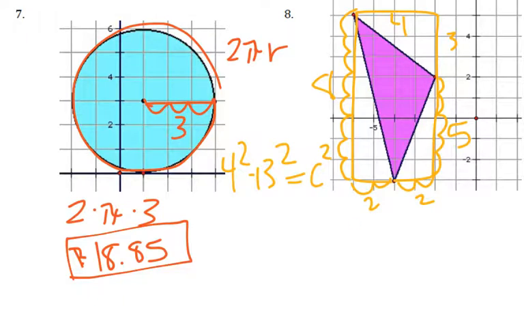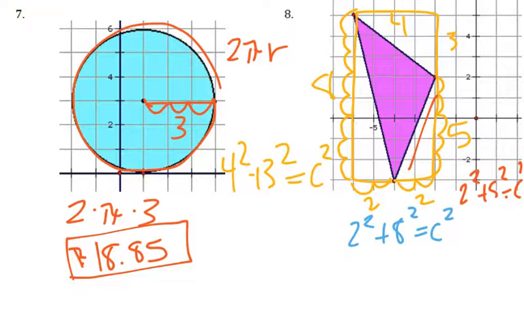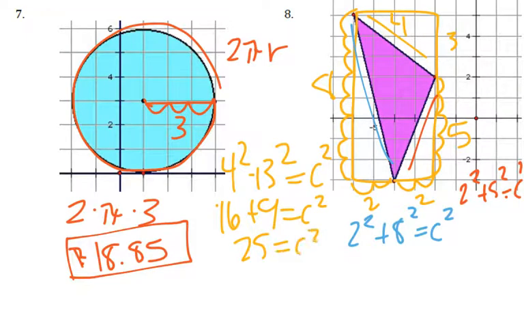I'd also have to go 2 squared plus 8 squared would equal c squared. And then finally, 2 squared plus 5 squared would equal c squared. To get that side, and this side. So 4 squared is 16, 3 squared is 9. So we get 25 equals c squared. Take the square root. We get 5 equals c.